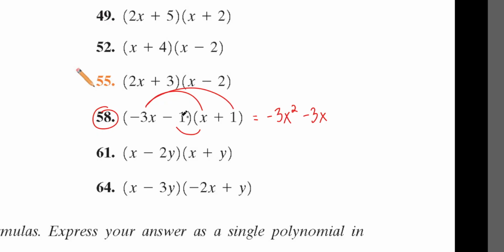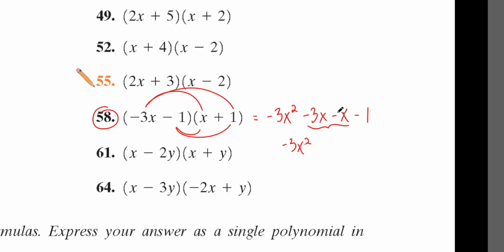Then we do the inside. These two right here. It's negative 1 times x. Negative 1x. Or just negative x. And then we take that negative 1, multiply by this one. Those are our last ones. Negative 1 times positive 1 is negative 1. Do we circle it? No. We got a couple like terms. We got these two right there. So I just write down the minus 3x squared.